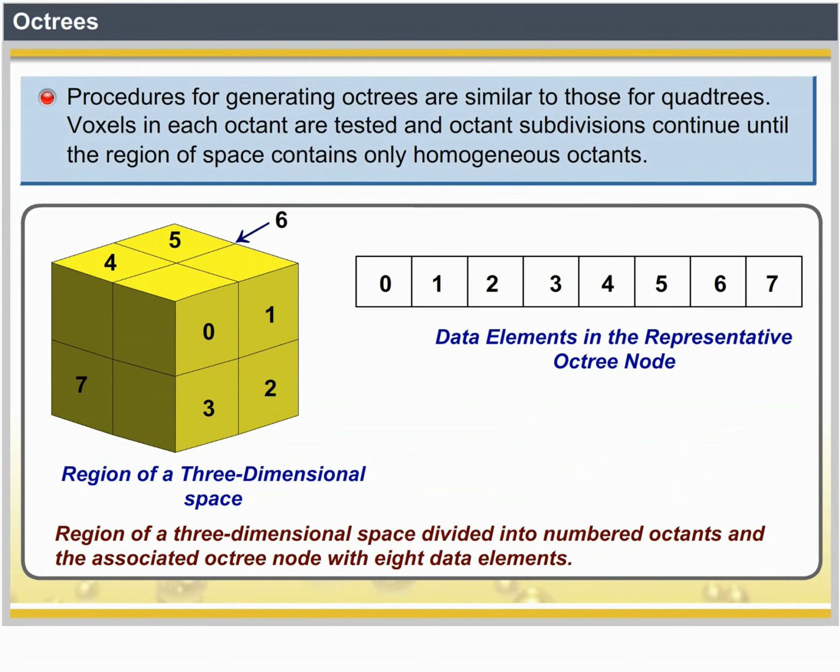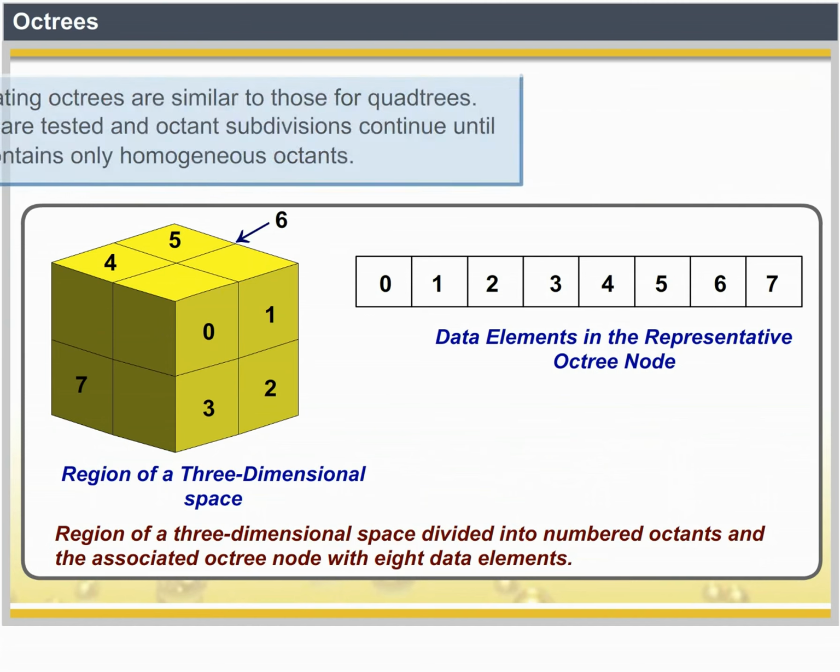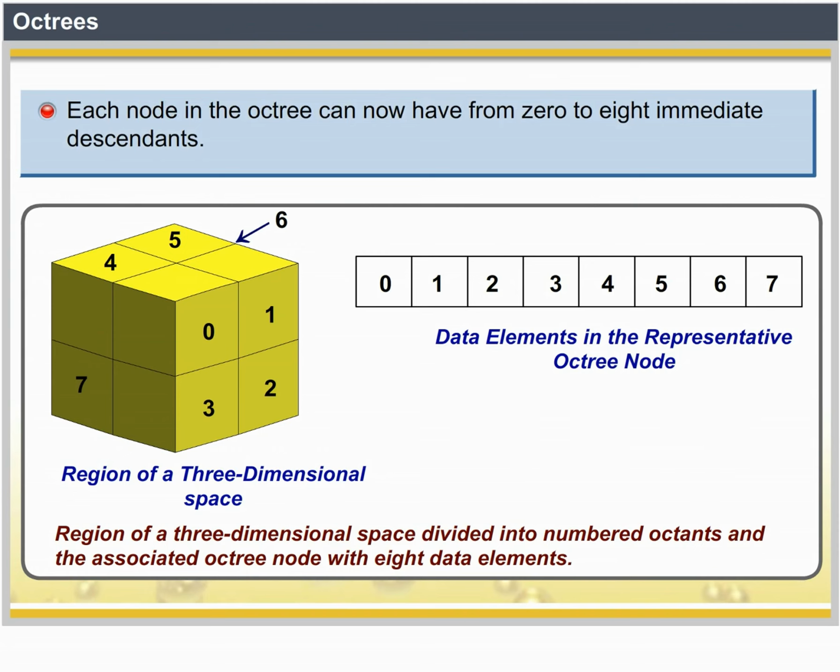Procedures for generating octrees are similar to those for quad trees. Voxels in each octant are tested, and octant subdivisions continue until the region of space contains only homogeneous octants. Each node in the octree can now have from 0 to 8 immediate descendants.